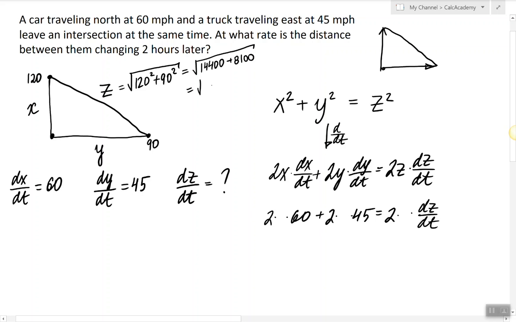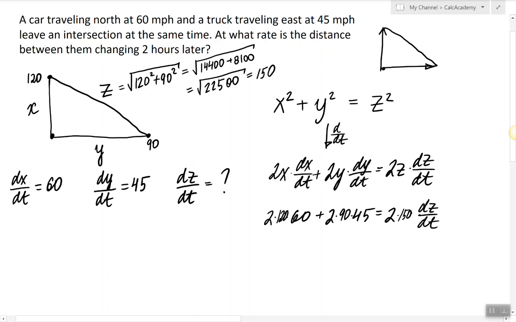So 14,400 plus 8,100 is 22,500, and taking the square root of 22,500, it should be the same as 150. So after 2 hours, the x value is 120, the y value is 90, and the z value is 150.